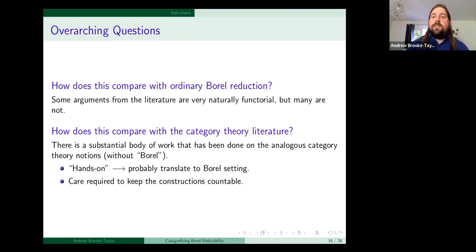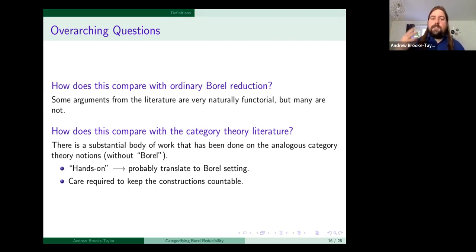And also there's a pre-existing category theory literature of a very similar flavor, so the question is how this compares with that. Actually, we've found in our work so far that it's most fruitful to mine the category theory literature rather than the Borel reducibility literature, because it more often carries across.